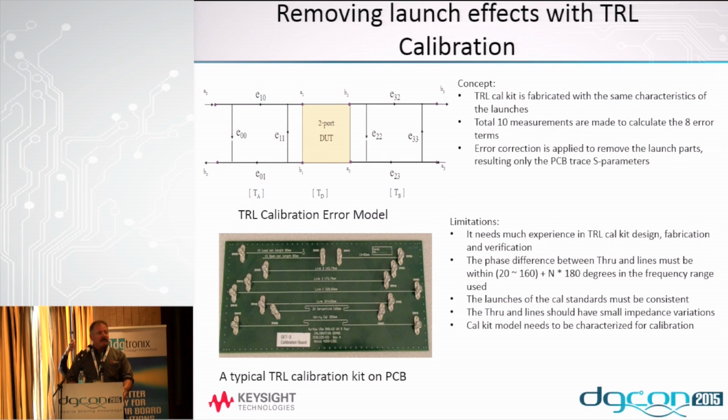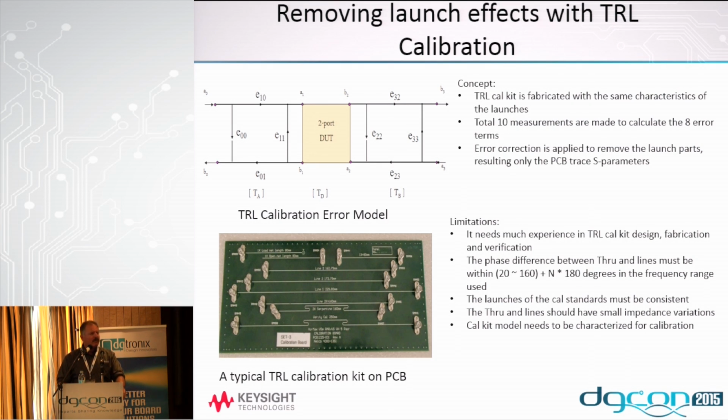However, in high-speed digital, we have the double whammy where you have both many channels and a poor dielectric. And so fabricating this TRL cal kit down here requires very careful methodology, and it's subject to error because, let's face it, PCB fabrication is not really all that high tech.